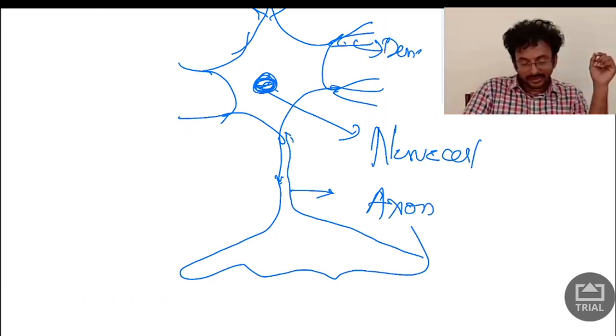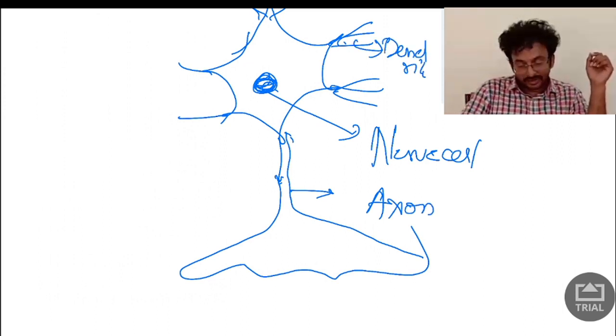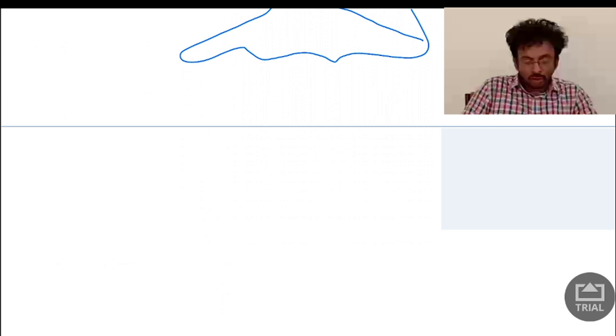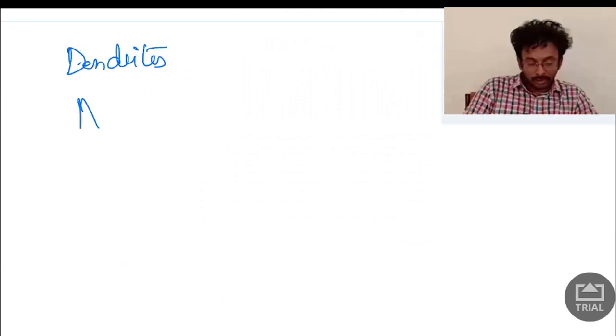This is called the dendrites. I repeat: the structure of a neuron usually has three parts. One is the dendrites, the nerve cell, and the axon. We'll be learning in depth in neural control and coordination about this, but in the part on structural organization in animals, we have to discuss it in a simpler manner.